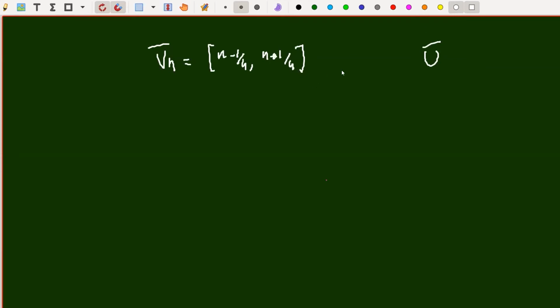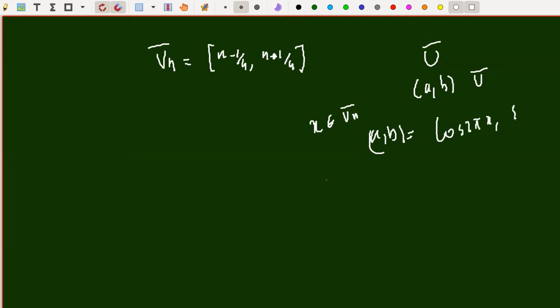Now I have to prove this is surjective. That is, take an element AB in U bar. What I have to show is that I can find x in Vn bar such that A comma B is precisely cos 2 pi x comma sine 2 pi x.